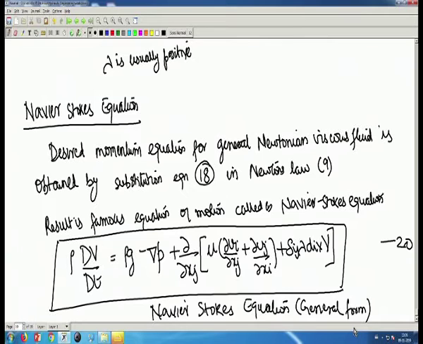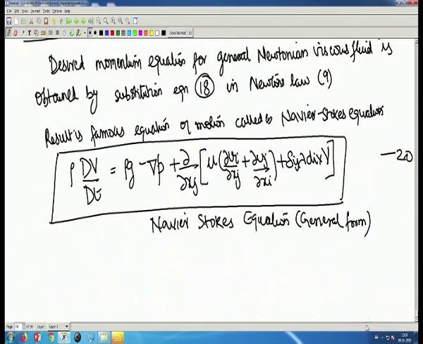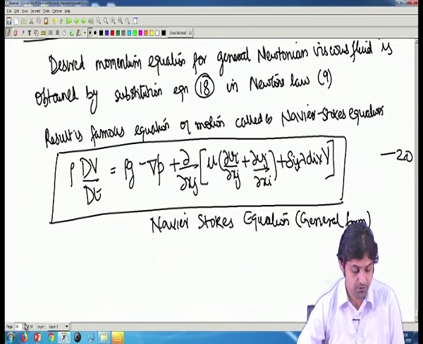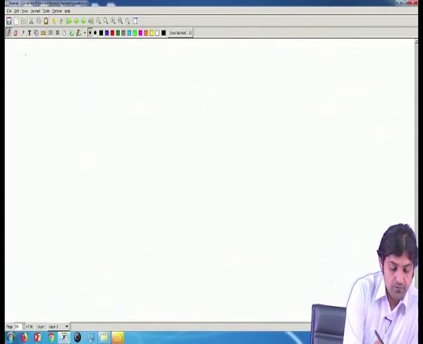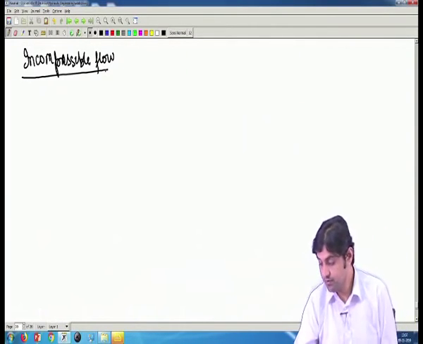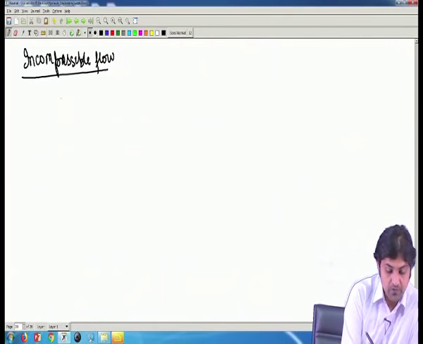After we have written this Navier-Stokes equation, it also makes sense to see what happens with incompressible flow. How does this equation modify in case of incompressible flow? To do that, we go to a fresh page. Incompressible flow, what is that?